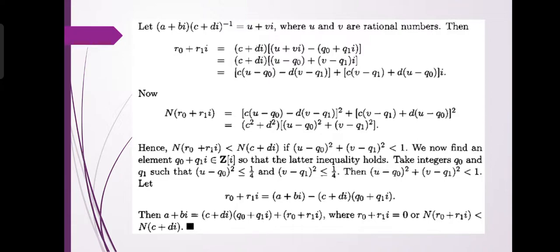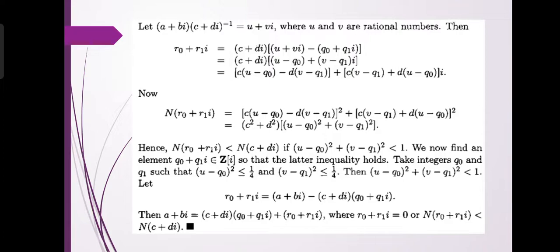Then R sub 0 plus R sub 1 I is equal to the quantity of C plus DI times the quantity of U plus VI minus the quantity of Q sub 0 plus Q sub 1 I, which is equal to the quantity of C plus DI times the quantity of U minus Q sub 0 plus the quantity of V minus Q sub 1 times I. So this equals C times the quantity of U minus Q sub 0 minus D times the quantity of V minus Q sub 1, plus C times the quantity of V minus Q sub 1 plus D times the quantity of U minus Q sub 0, then times I.